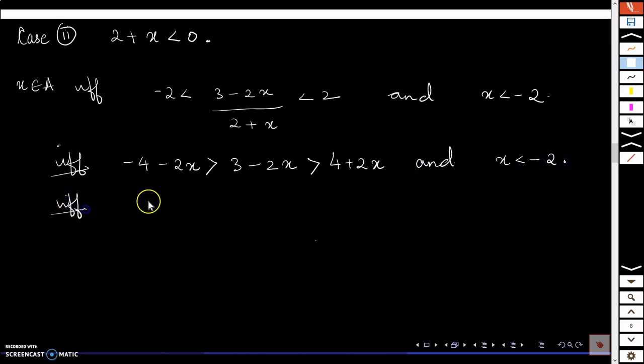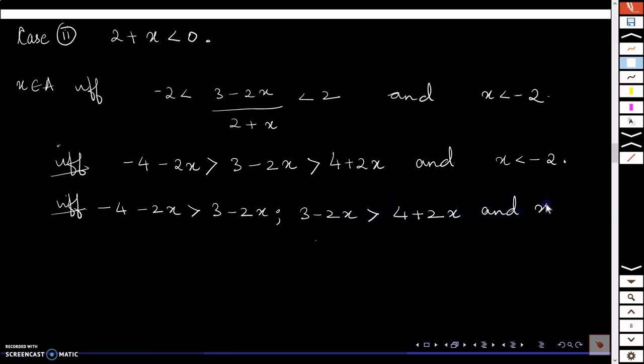Right? So that will happen if and only if, again I will break this condition into two conditions in this way. This has to be bigger than 3 minus 2x. Along with this, 3 minus 2x must be bigger than 4 plus 2x. And along with this, x must be less than minus 2.